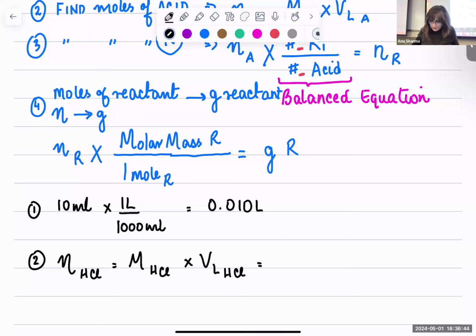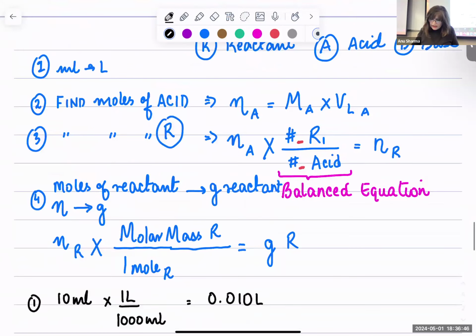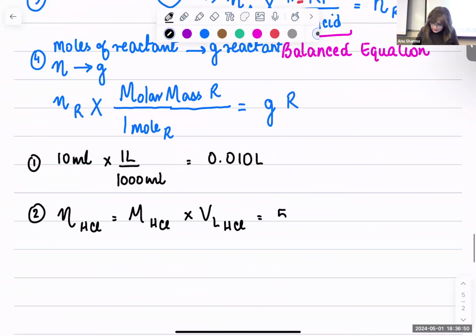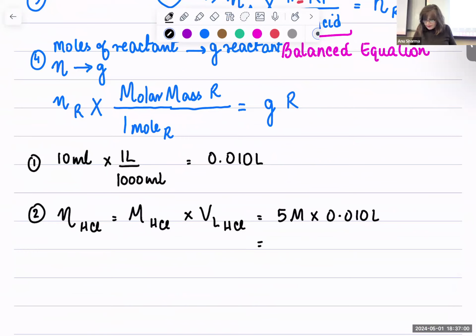And here molarity is 5 M times 0.010 liters. So what do you get here? 0.05 moles. These are the moles of HCl.